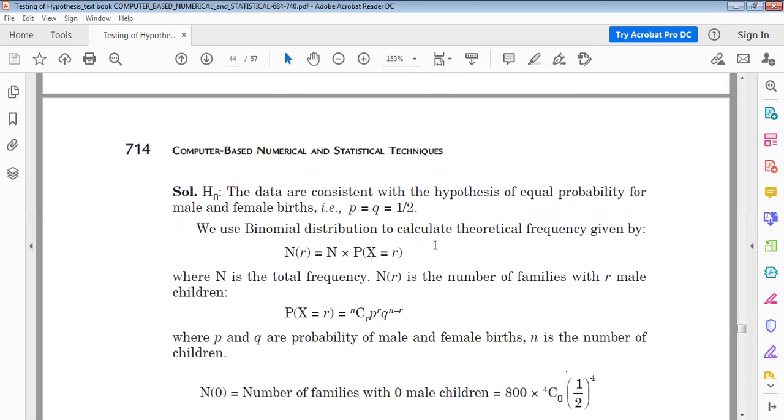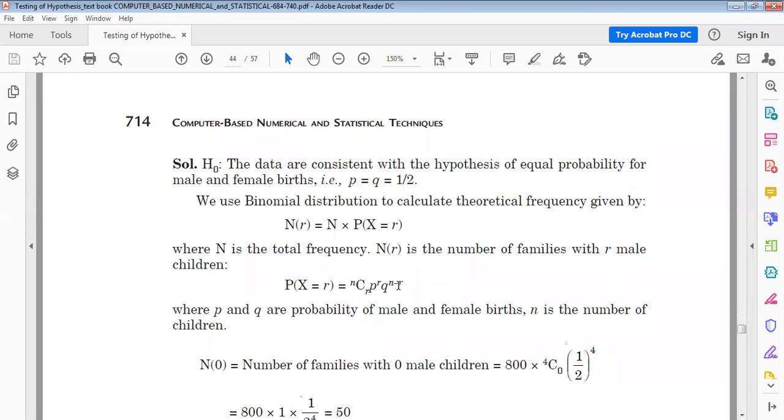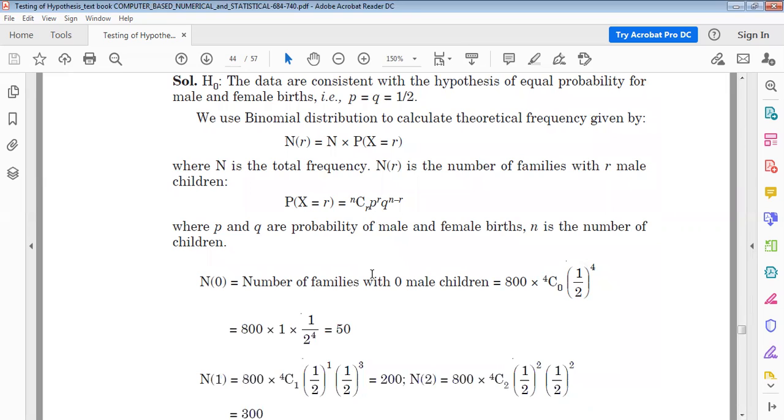We use the binomial distribution to calculate the theoretical frequency given by N_R equals capital N multiplied by the probability of X equals R, where N is the total number of frequency and N_R is the number of families with R male children. By using the binomial distribution formula nCr P to the power R Q to the power n minus R. You must know this.